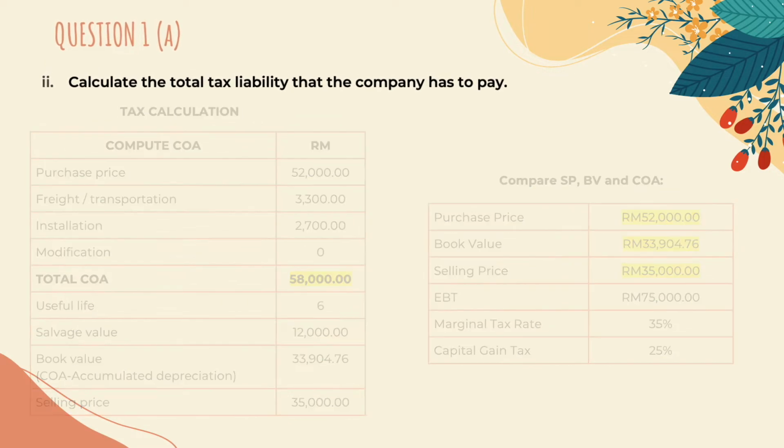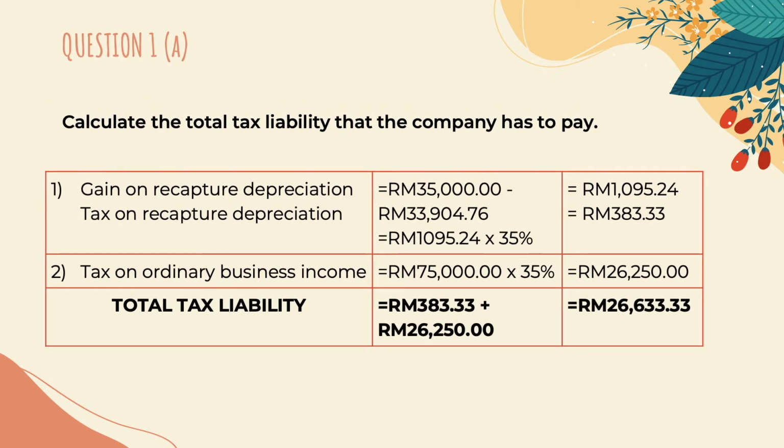Next, proceed to calculate the total tax liability that the company has to pay. The first one is the gain on recapture depreciation tax. First of all, we need selling price minus book value, and after we get the total, which is 1,095.24, we need to times it with the marginal tax rate, which is 35%, and you will get 383.33.